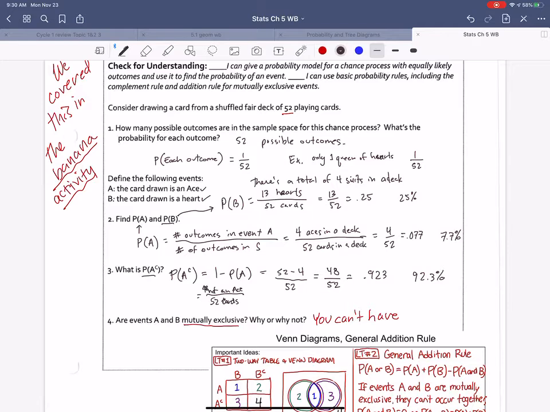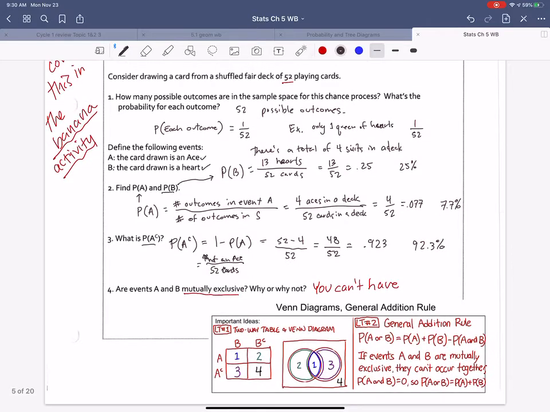Now, are the events A and B mutually exclusive? Normally we said events are mutually exclusive if you can't have A and B at the same time. But we know that there's actually such a thing as an ace of hearts. So you can't go into this same script answering mutually exclusive. You actually have to do something different this time.